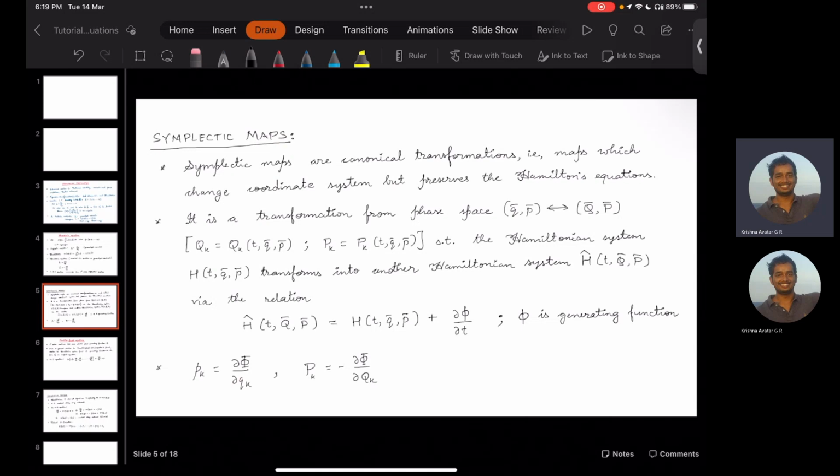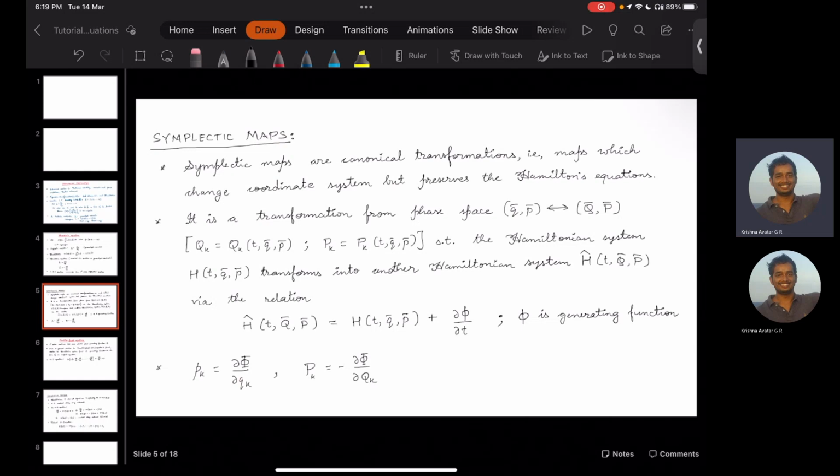So essentially, there is a relation between both the Hamiltonian systems, and it is given as H hat is equal to H plus the partial derivative of phi with respect to t. Now, we have introduced a new function. Here phi is a smooth function, which is also known as a generating function.